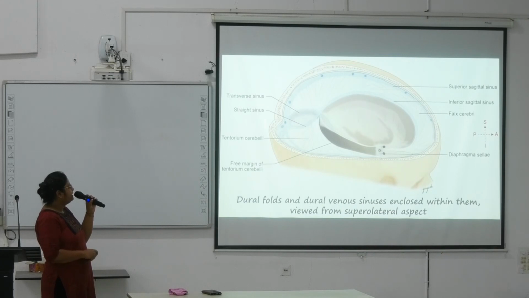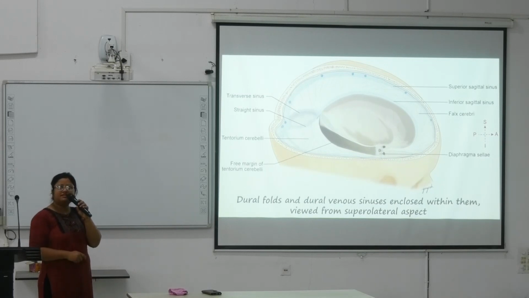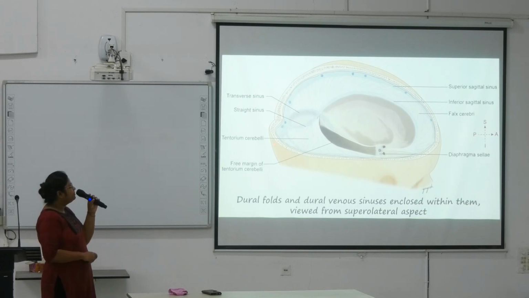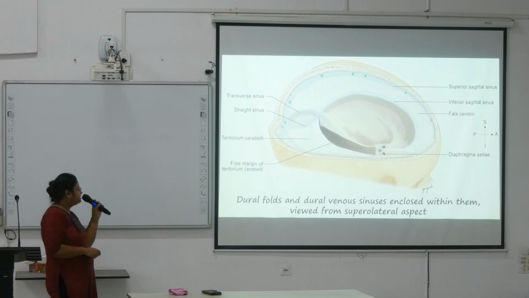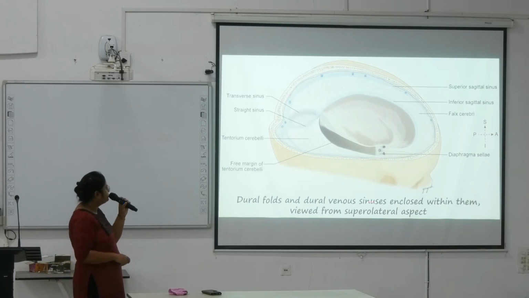Falx cerebri separates the two cerebral hemispheres, right and left hemispheres of the brain, and falx cerebelli separates the two cerebellar hemispheres, right and left hemispheres of the cerebellum. Okay, so we will discuss these processes, dural folds and venous sinuses.